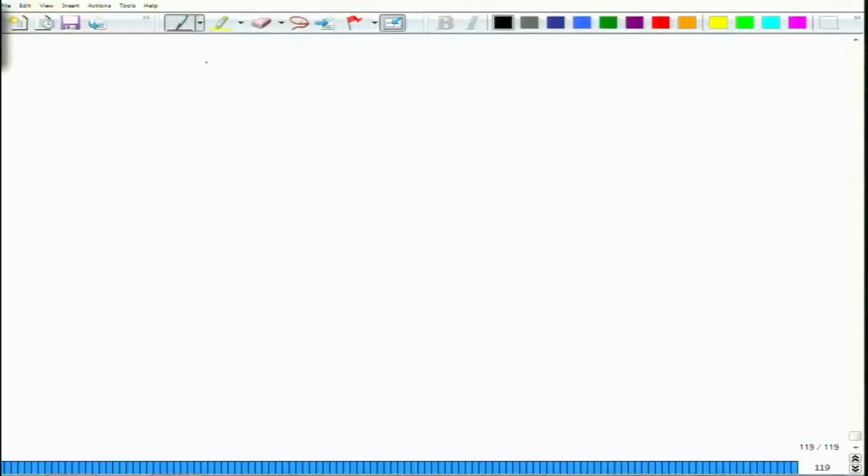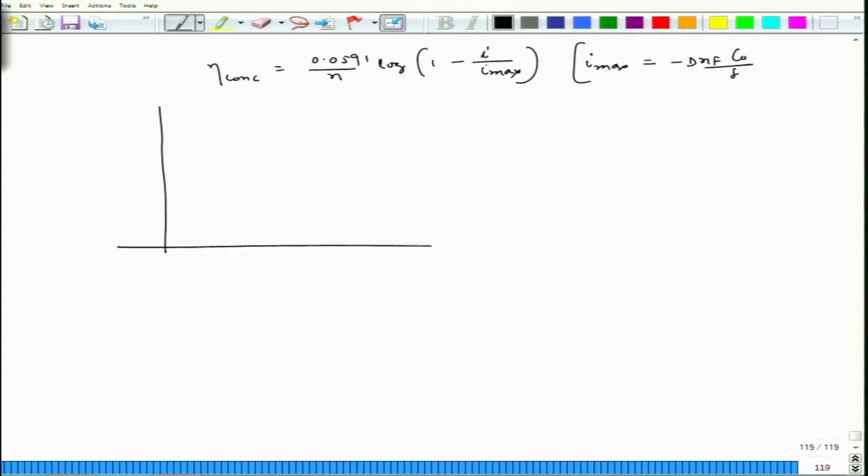So, now if I try to plot concentration polarization, which is eta concentration equal to 0.0591/n log (1 minus I by I max), where I max equal to minus nFD C0 by delta, this plot would look like this. So, this is log I again, this is polarization.